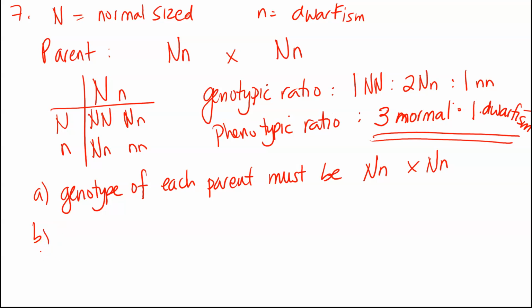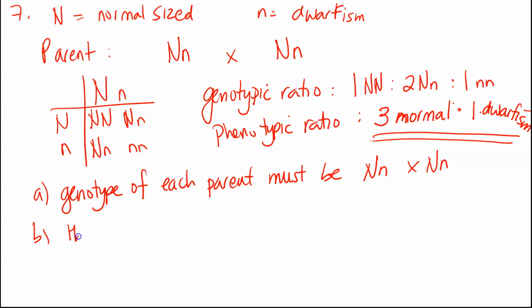So the question again is, what are the probabilities of the genotypes and phenotypes for puppies in the next litter from the same parents? Well, from the same parents, it's going to be the exact same, okay?